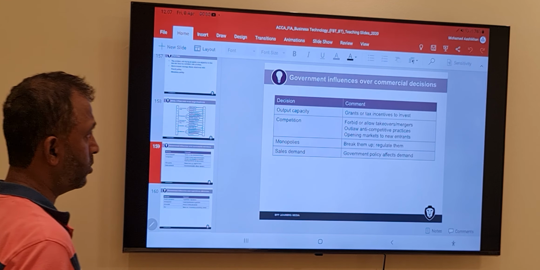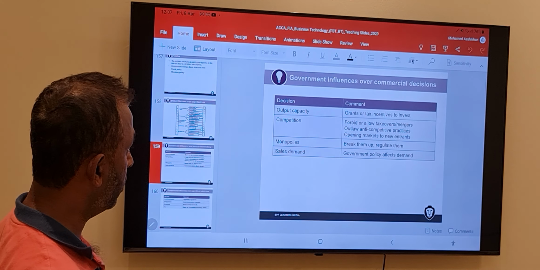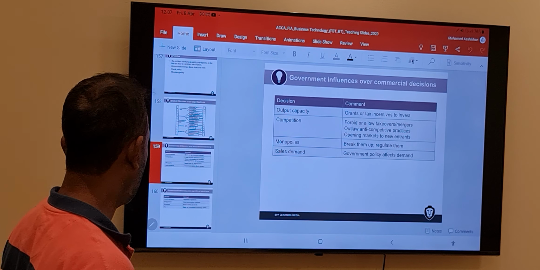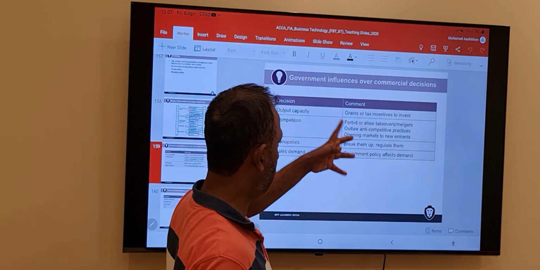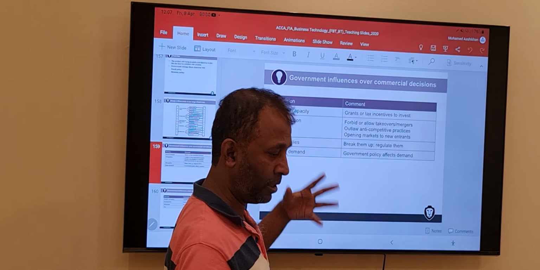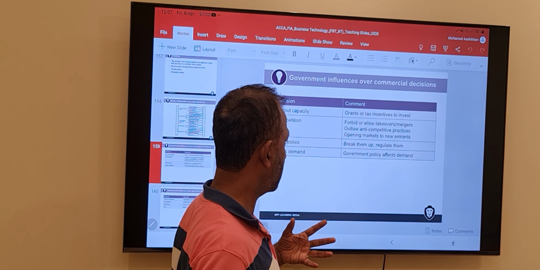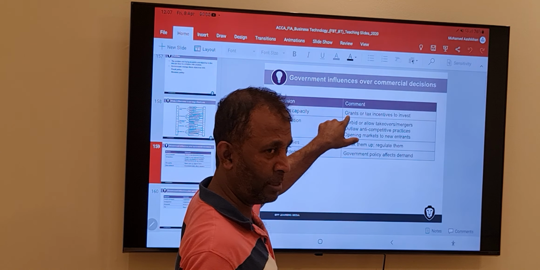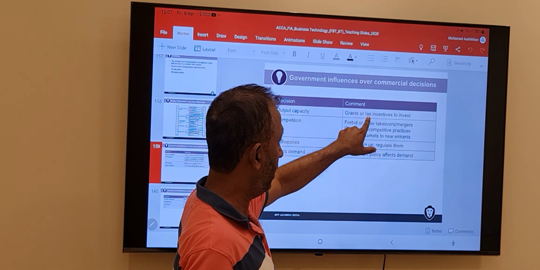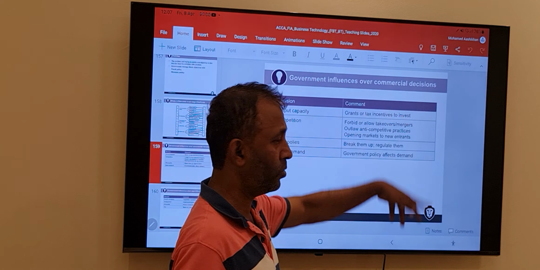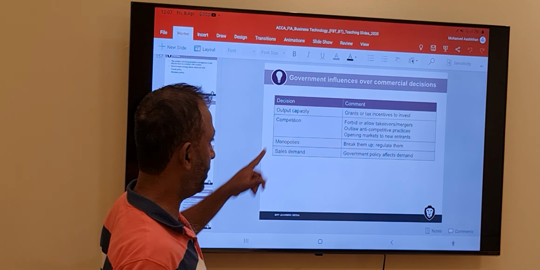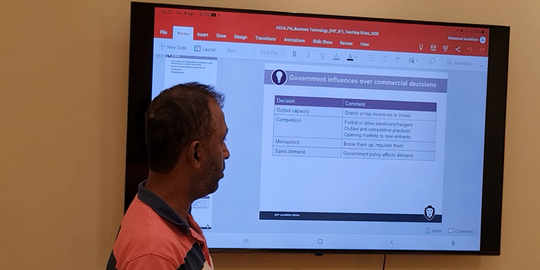Government influences over economic or commercial decisions include output capacity. When you want to maximize output, you try to provide additional grants or allow tax incentives to invest. Competition: forbid or allow takeovers or mergers.